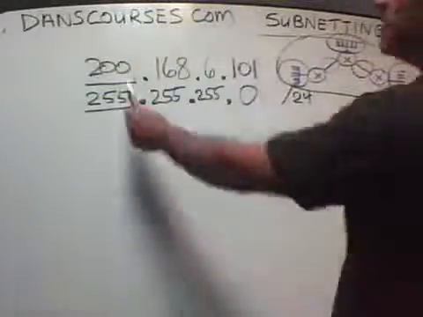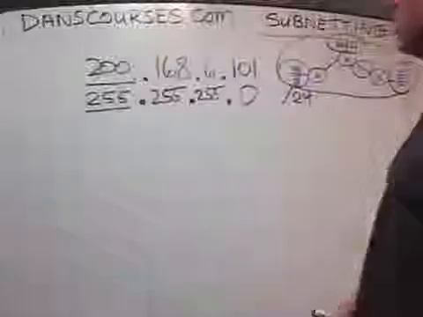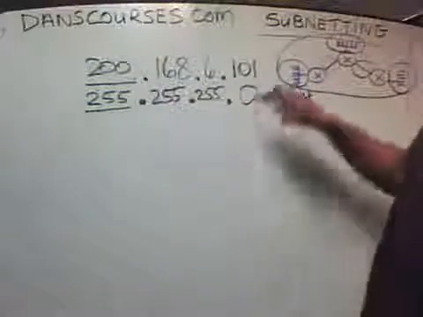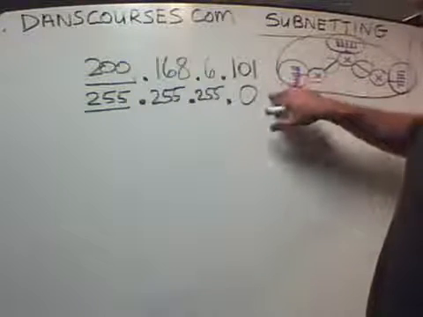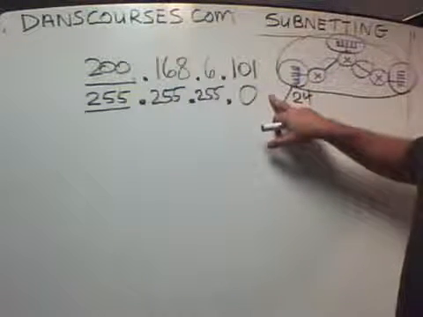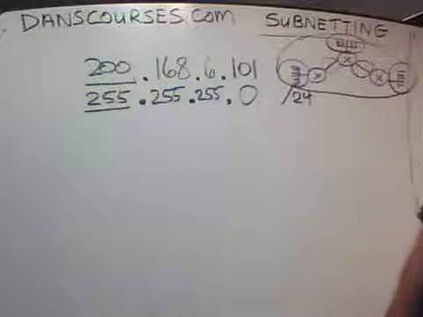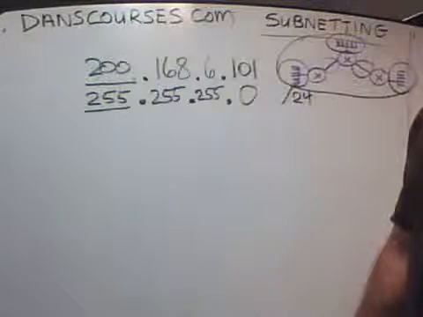So the destination is 200.168.6.101. The router's job is to take this IP address and combine it with the subnet mask, or the net mask, to find out which network this packet is going to go to.